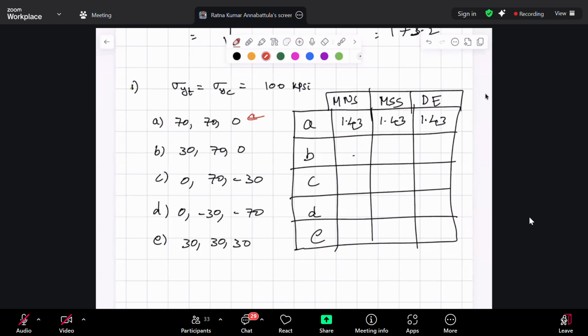30, 70, 0. Sir, 1.43, 1.43, 1.64, sir. 1.64 for von Mises, and this is 1.43.